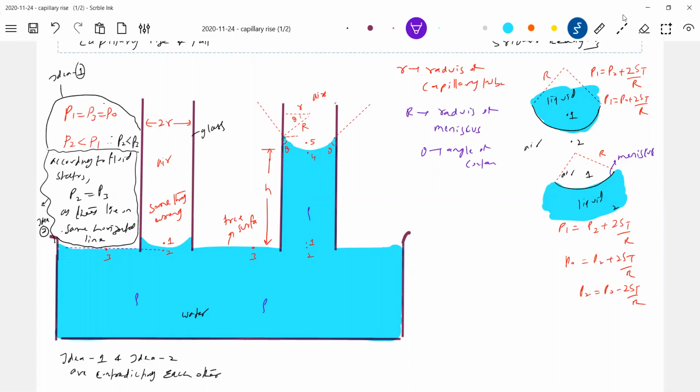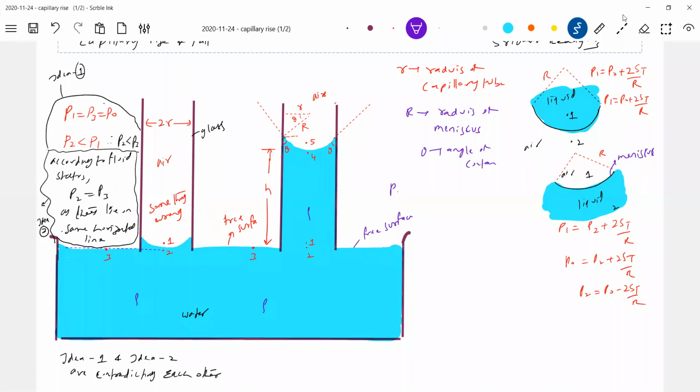Let's write here. First we'll equate atmospheric pressures. What is the pressure at 3 and 5? Because there is a free surface, pressure at 5 and pressure at 3 should be equal to P naught, and 3 and 2 are on the same horizontal line, so it should be equal.